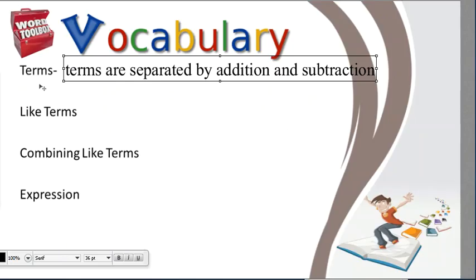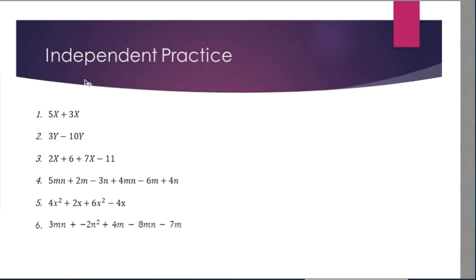So one part of the definition of terms is that terms are separated by addition and subtraction. Another important part of our definition is that terms can be made up of just a number. If it is just a number, we would call it a constant. So if you look at number 3, we have 4 terms here, 2 times x plus 6 plus 7x minus 11.